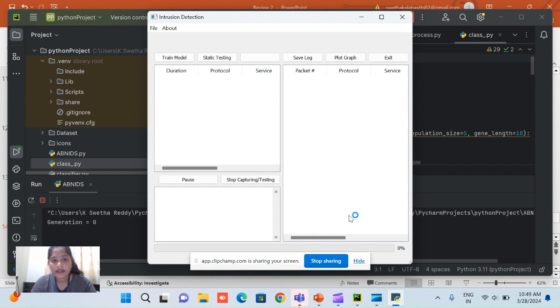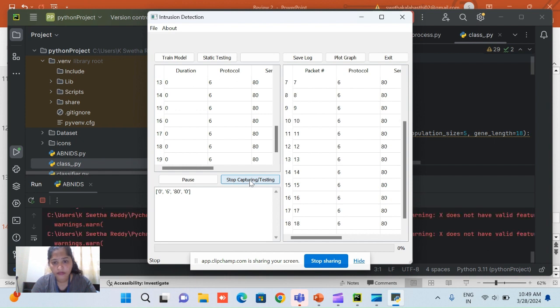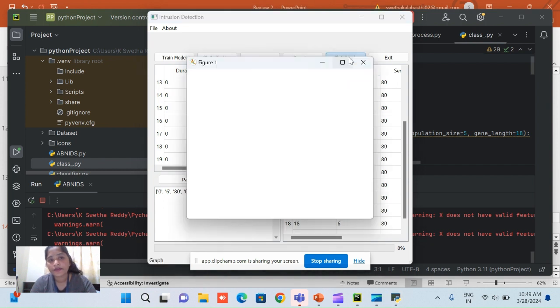See, now here is the log. It's coming, and it's running, right? Now we should stop capture and plot the graph.